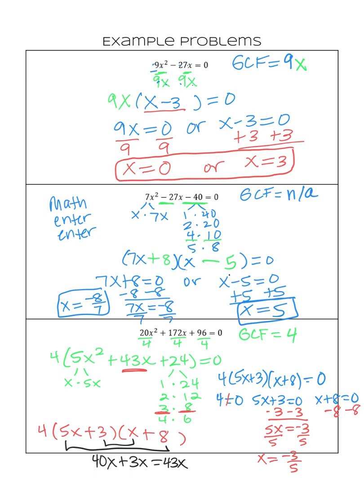I'm going to subtract 8 from each side, and we'll get that x equals negative 8. Okay, so x equals negative 3/5 or x equals negative 8 are our two solutions for the equation 20x squared plus 172x plus 96 equals 0.